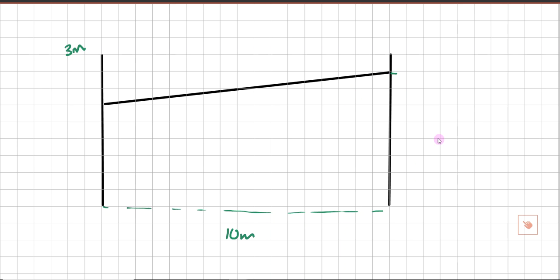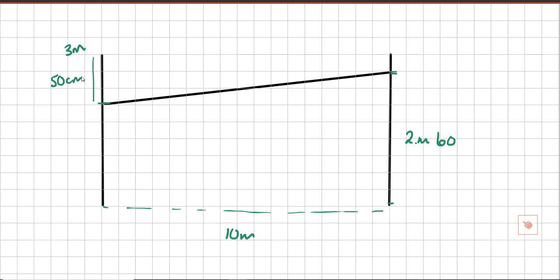This point here is, let's say, 2 meters 60 off the floor. And this point here is 50 centimeters from the top. How long is the cable? And it's a 3-meter pole.